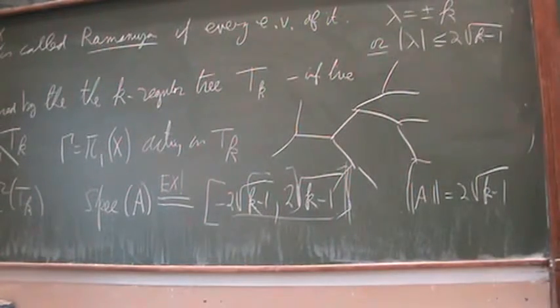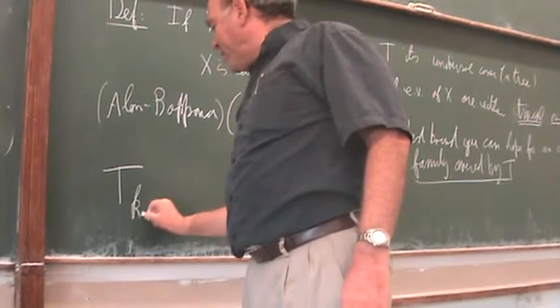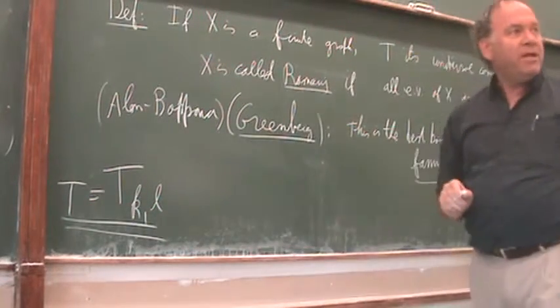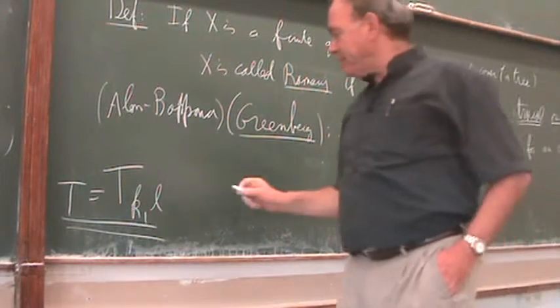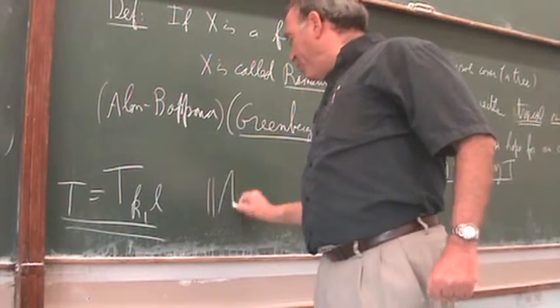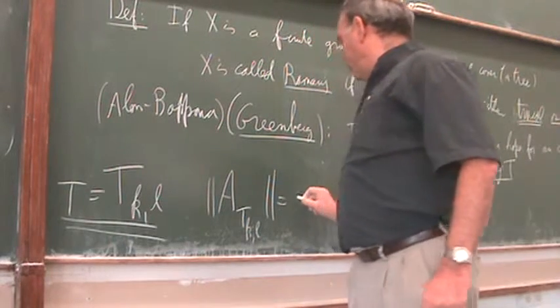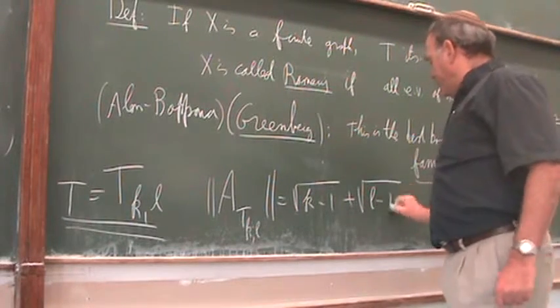So now let T be T_{K,L}. If you take T_{K,L} as your bipartite infinite tree, then the norm of the operator of T_{K,L} is equal to square root of K minus 1 plus square root of L minus 1.